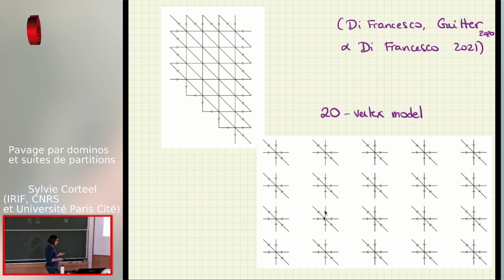So the partition function of this model is also a counting problem. In how many ways can you choose 20-vertex models here to make sure that all the configurations are okay? So locally, each vertex has 3 incoming edges and 3 outgoing edges.